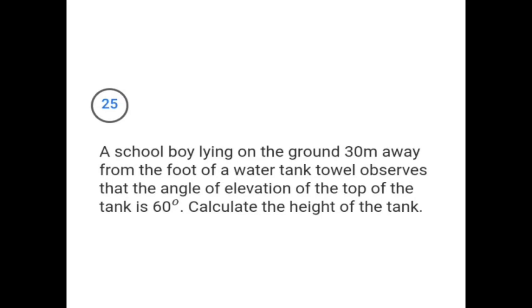Number 25. A schoolboy lying on the ground 30 meters away from the foot of a water tank tower observes that the angle of elevation of the top of the tank is 60 degrees. Calculate the height of the tank. The schoolboy is lying 30 meters away from the foot of the water tank.